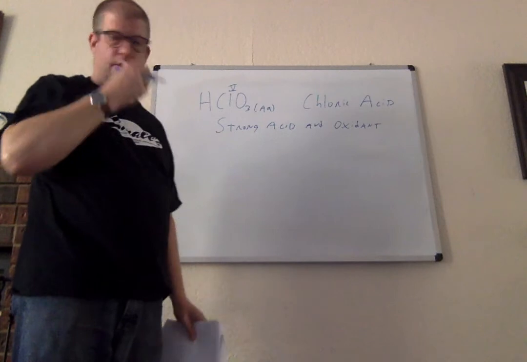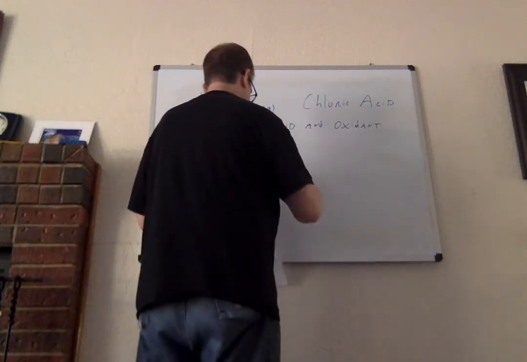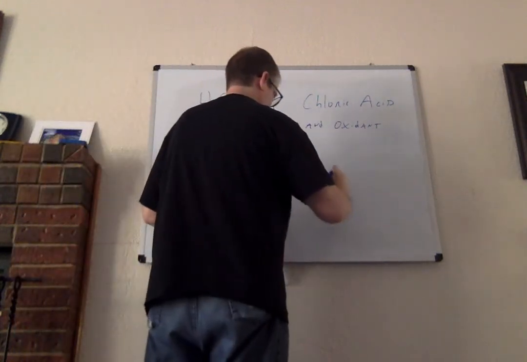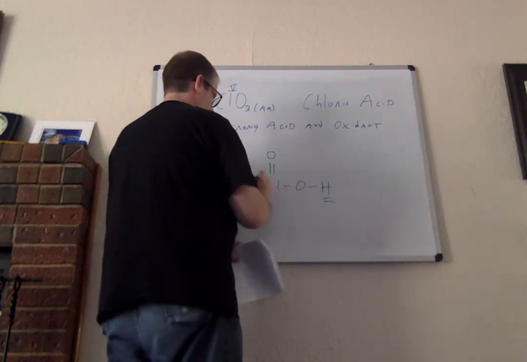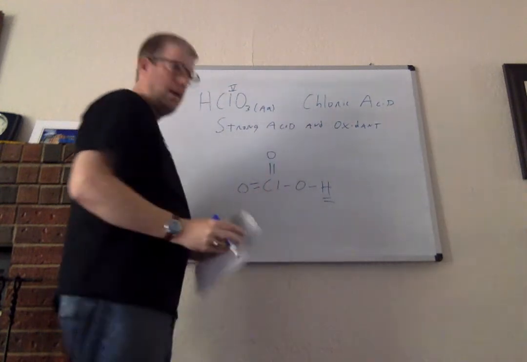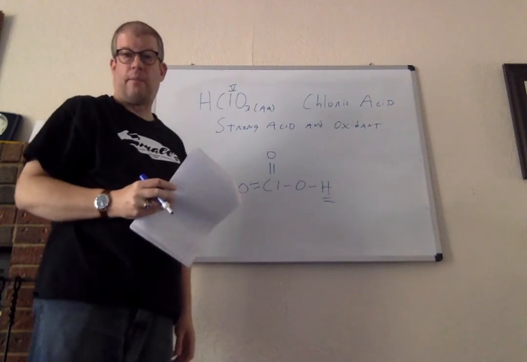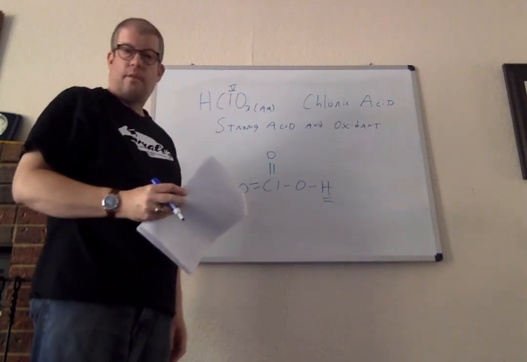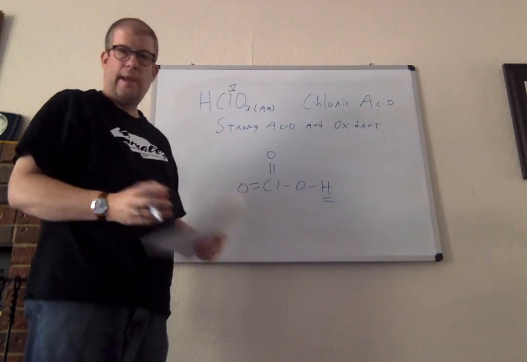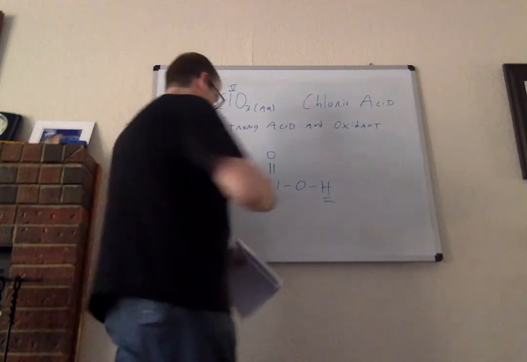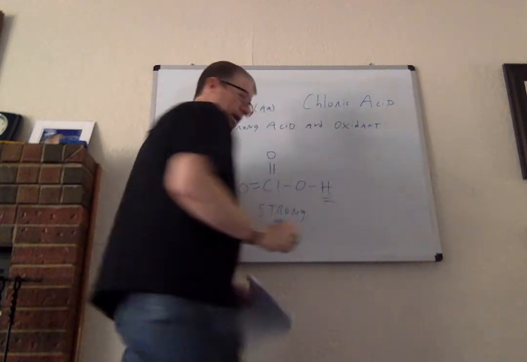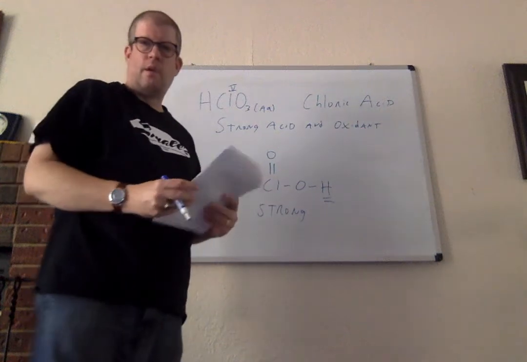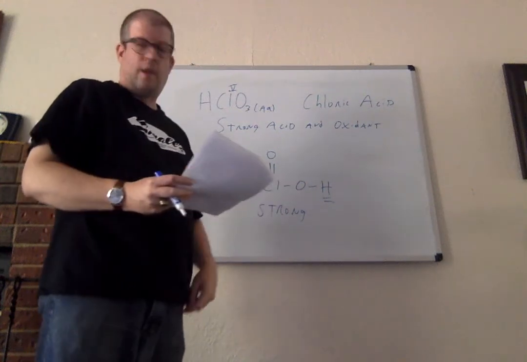And so if you look at the structure of this one, and we have our acidic proton, but now we have 2 oxygen atoms attached to the central element. And when you do that, the acid is strong. And so this completely dissociates in aqueous solution.